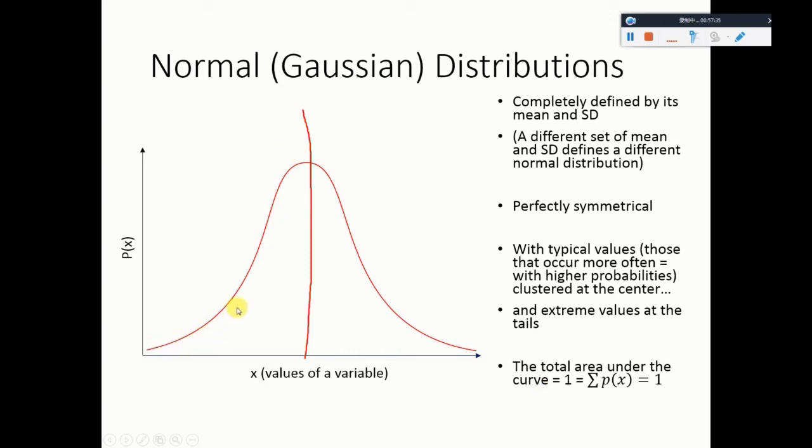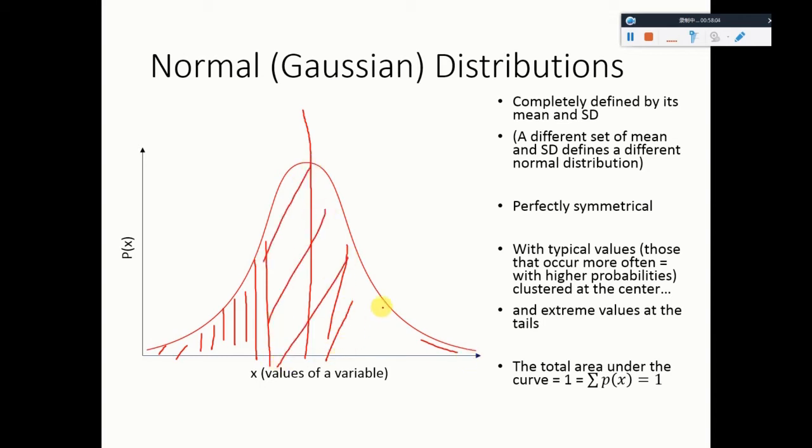So for any given normal distribution, the area under the curve, so the shaded part, anything that's beneath this curved line, or between this curved line and the x-axis, will be the area under this curve.